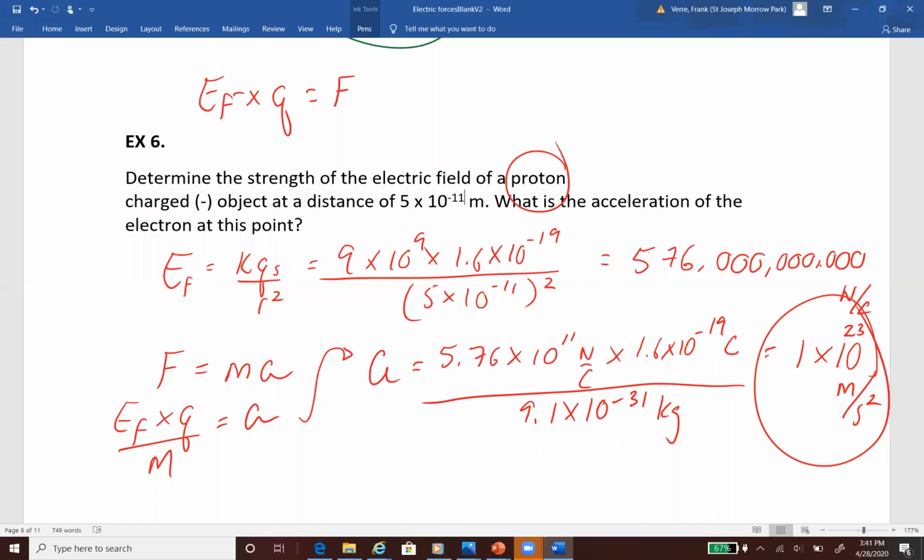The other problem is that there's such an incredible force acting on the electron, and the acceleration is so incredible. Why doesn't it just crash into the nucleus? Given these ridiculous values, look at the electric field strength, look at the acceleration on the electron, but we know the electron does not crash into the nucleus.